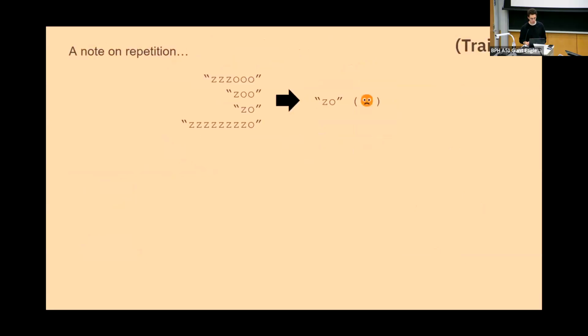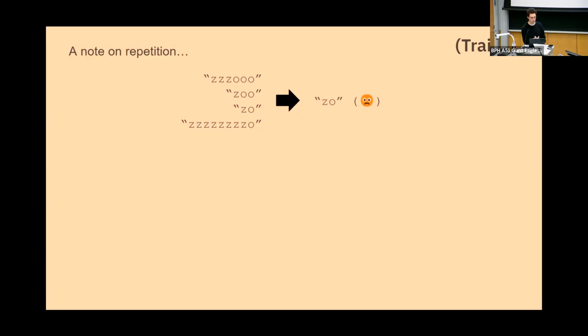First, to just illustrate the problem of repetition. When we do this compression, there are some examples in lecture, but just to go over it again, all of the sequences on the left will compress to the same sequence on the right, which is just ZO.